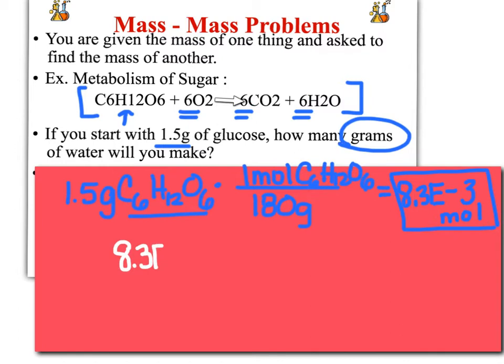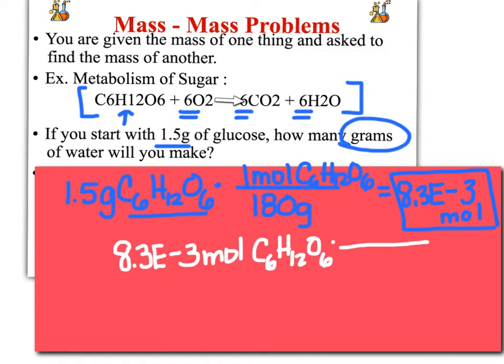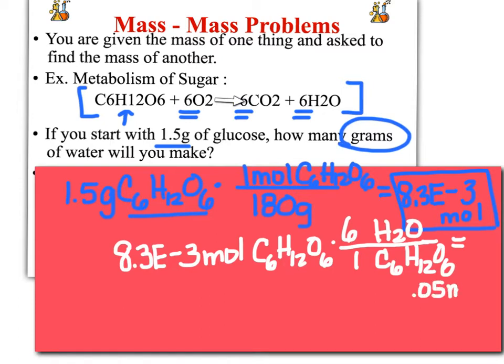In other words, we can take our moles of glucose and we can look at the relationship between the moles of glucose and the moles of water. So this many moles of glucose, we want to know the relationship between glucose and water, and we know that for every 1 glucose that goes in, 6 waters come out. And if we solve that, we find that we make 0.05 moles of water.